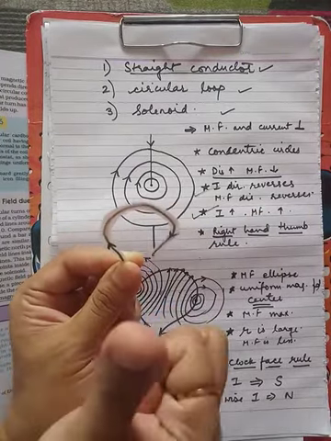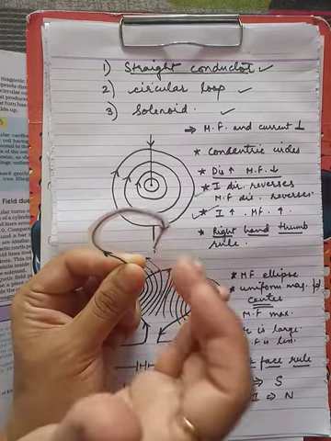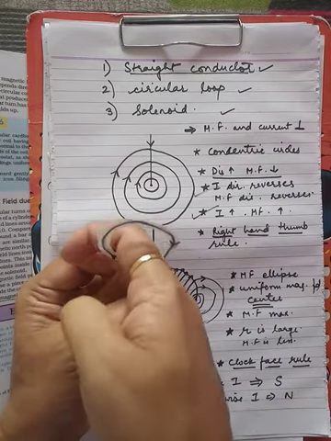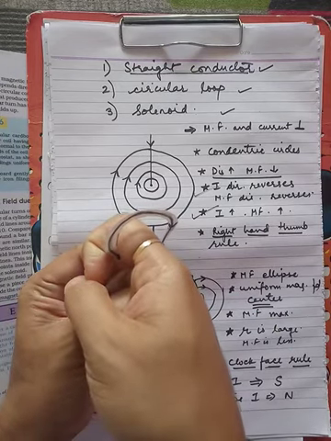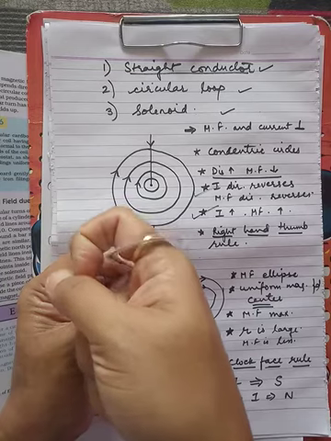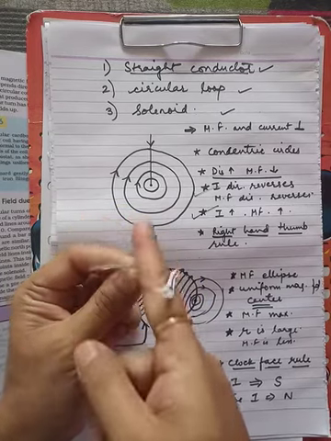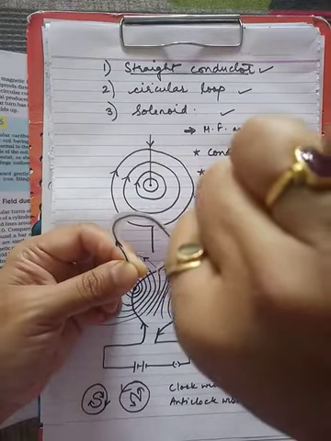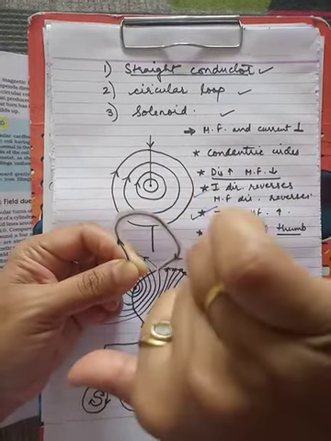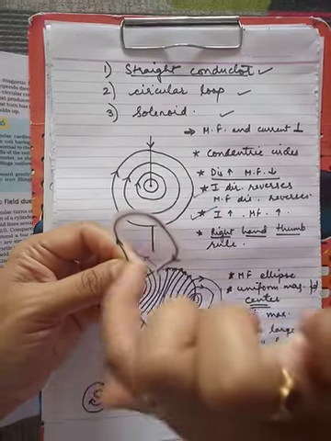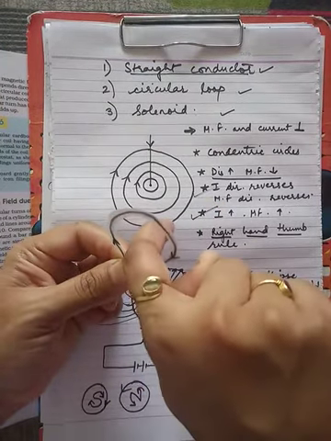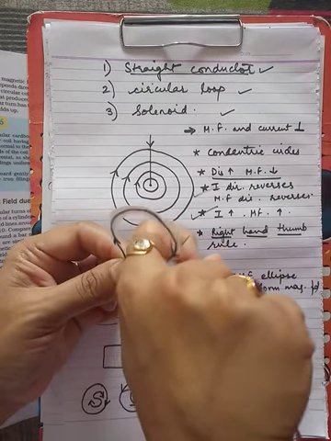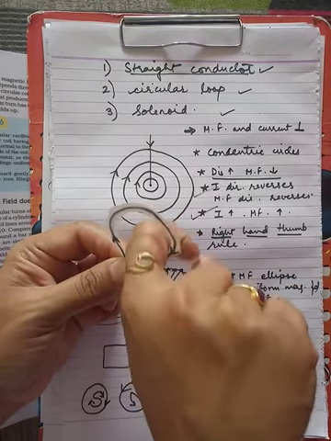So my fingers are curling inside the loop. So the magnetic field line is like this. This is my magnetic field line, in circular manner. In this case also it is the current direction, and fingers are moving inside, so fingers are making a magnetic field like this. This is a ring-like structure.